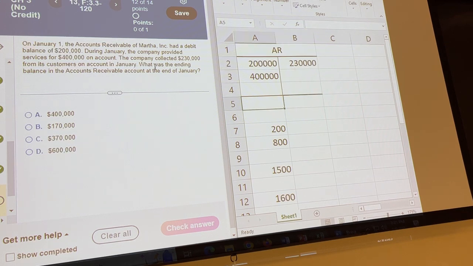So the ending balance, 600,000 minus 230,000, so that would be 370,000 debit.